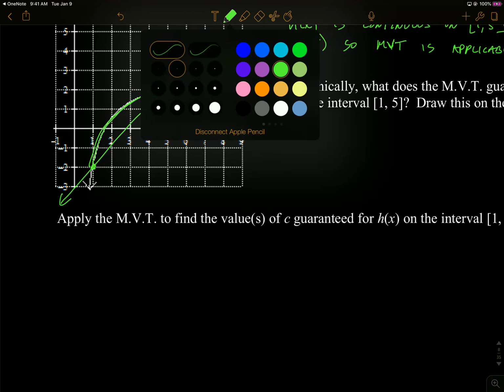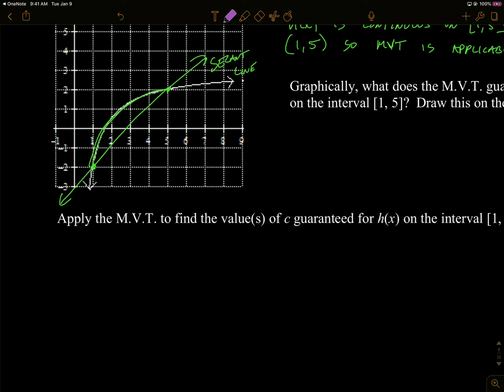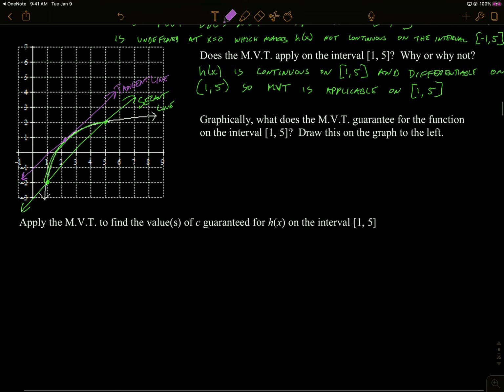The theorem is saying that somewhere on this curve, at some point in this interval, maybe right there, if I draw the tangent line, that slope or that rate of change will be the same as the secant line. Remember, rates of change of lines are slopes, and slopes are equal when lines are parallel. Mine isn't exactly parallel, but I also probably didn't draw it perfectly.